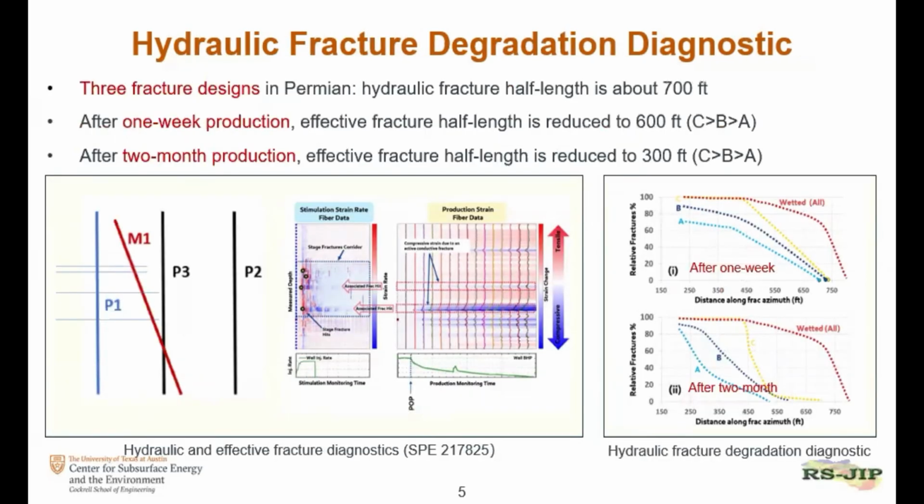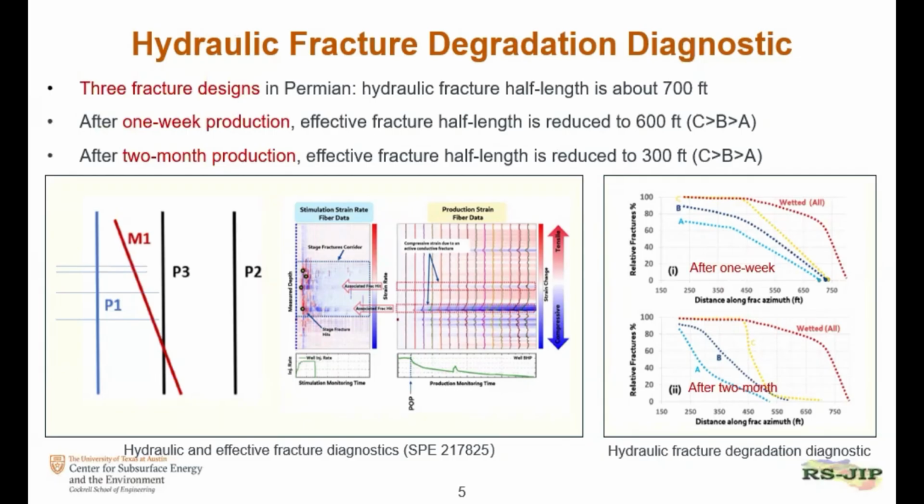Okay, so this is another study in the Permian Reservoir. We see that the hydraulic fracture using the fiber data, they measured to be about 700 feet from this paper. And using the combination of the DSS and also the pressure gauge data, they found out that after 1 week or 2 months of production, the effective fracture reduces from 700 to 600 feet, and all the way down to 300 feet.